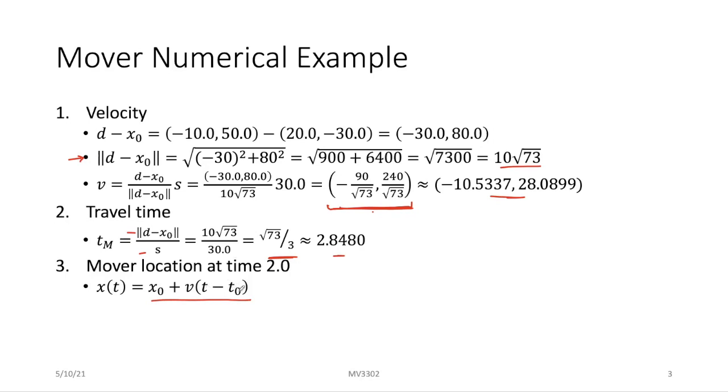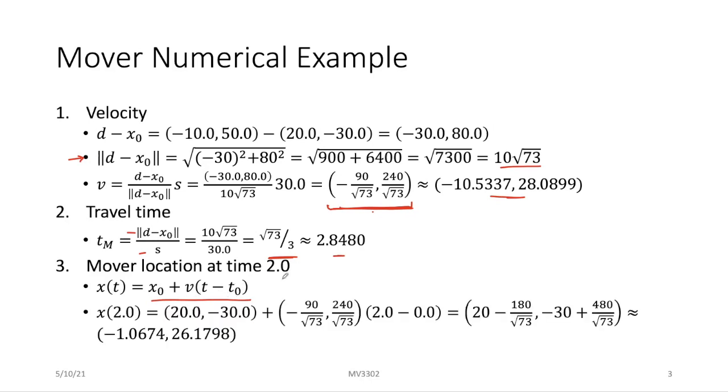Okay, here we're starting at 0, just to make it simple, times the velocity. And so x, now this x is a function of t now. So at time 2, we simply plug 2 into this equation, along with the other information.